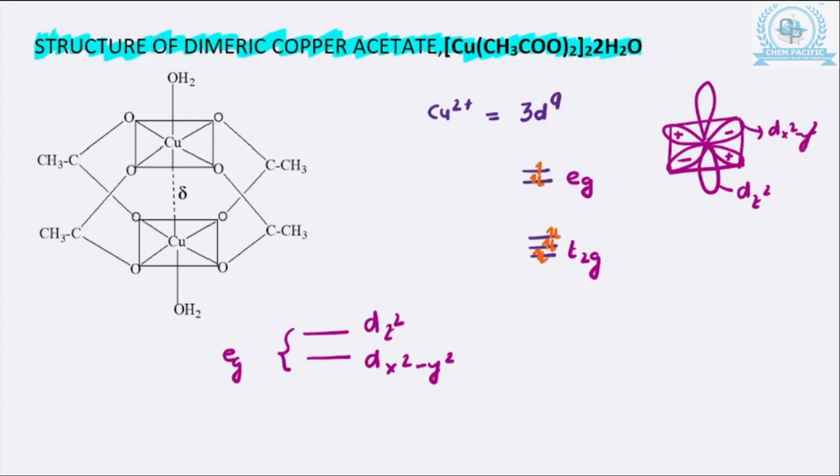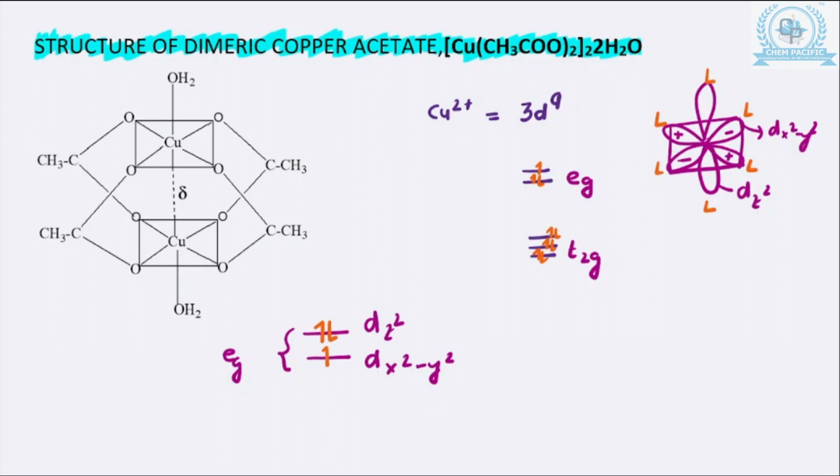Now it is clearly visible that dx square minus y square is pointing at 4 ligands and dz square is pointing at 2 ligands in an octahedral complex. So if the two electrons have to stay, they would prefer to remain in the dz square orbital rather than the dx square minus y square.